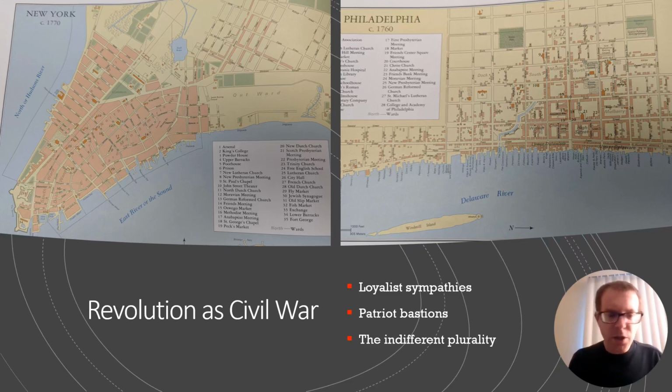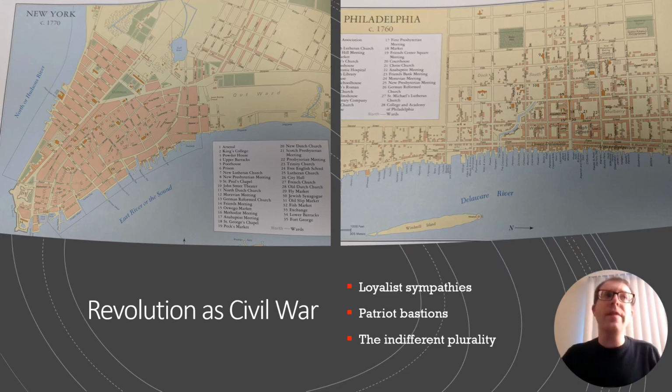Whereas New York City is actually a lot more tied to Britain. And part of this is because New York City is a very prominent city in North America and has a lot of commerce and commercial ties to Great Britain. And so they're worried that, if America gains independence, this new independent country might cut off trade with Britain, which is their lifeline.